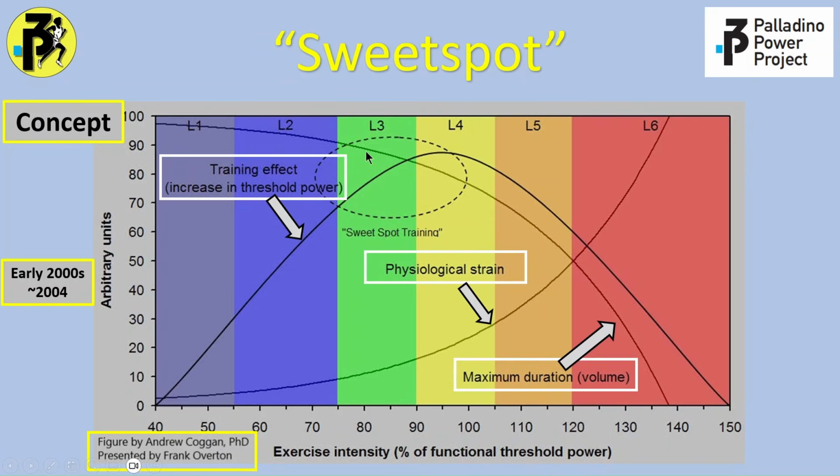But in terms of sustainability and volume, it's really below 100% of CP, FTP, extending down somewhat, where you have this high training effect and ability to sustain a fairly high volume of training. So that's the concept. It's a very important concept. Return on investment, bang for the buck, whatever you want to call it.